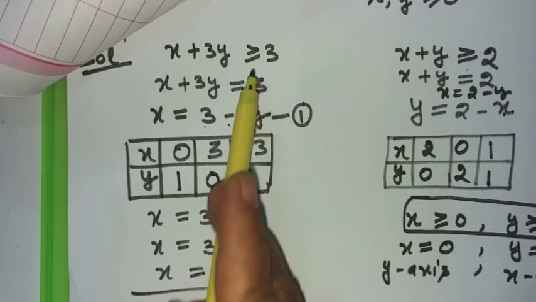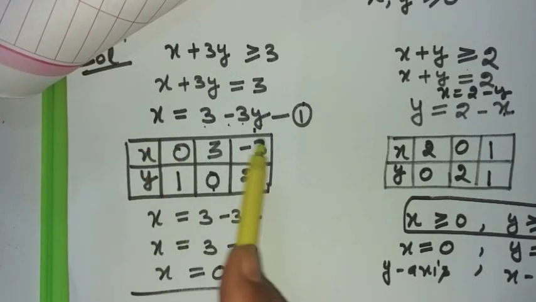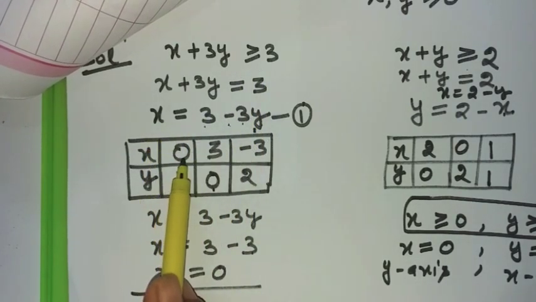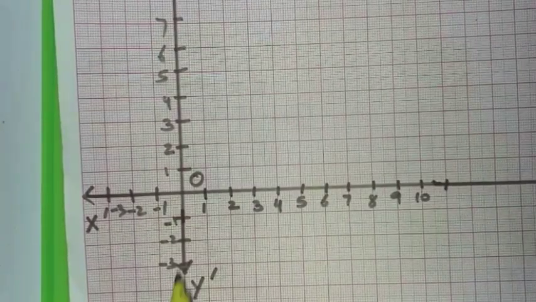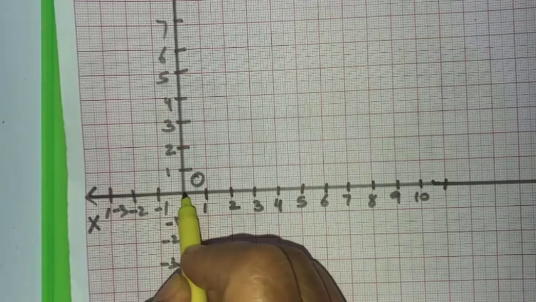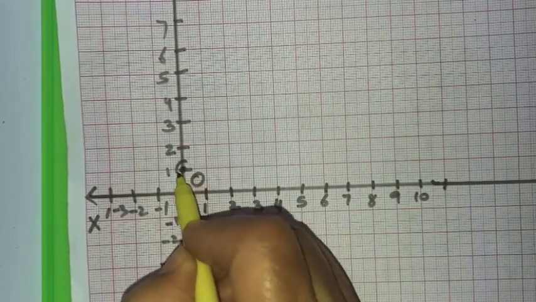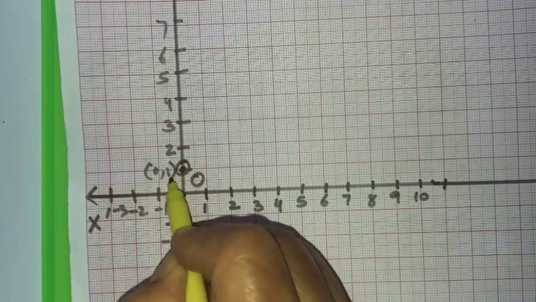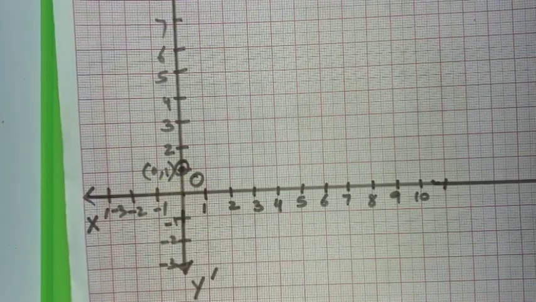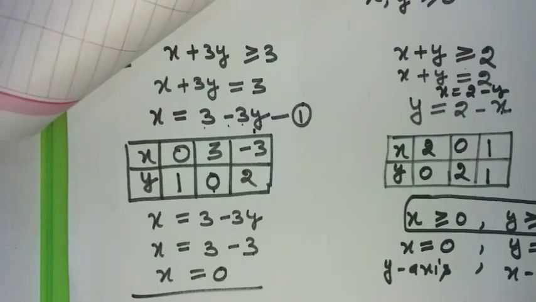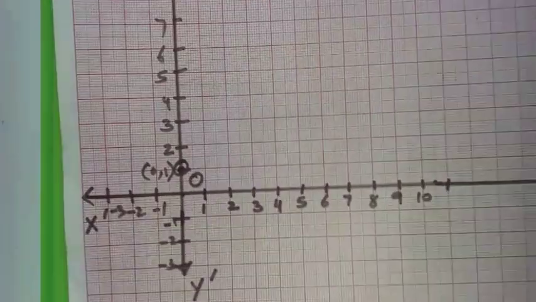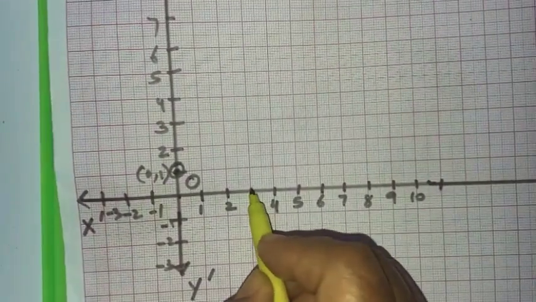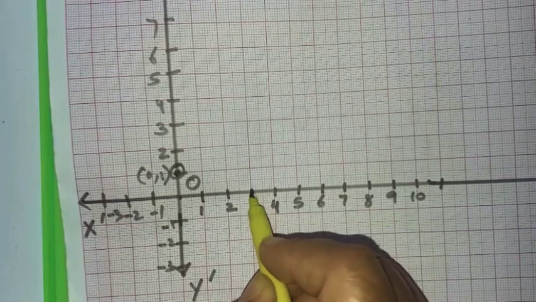To get this graphical region, I am plotting this equation, and the first entry is 0, 1, x 0, y 1. So let us plot x 0, y 1. So we get this point, we encircle it and we write the point 0, 1. Now we move to the second point, this is 3, 0. So this is the point on the x-axis, 3, 0.